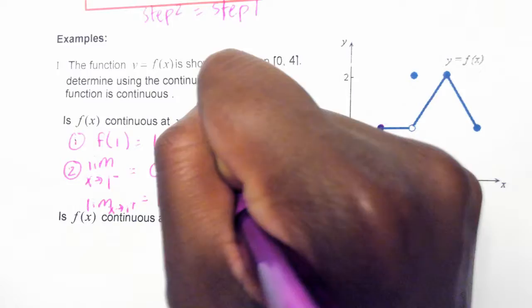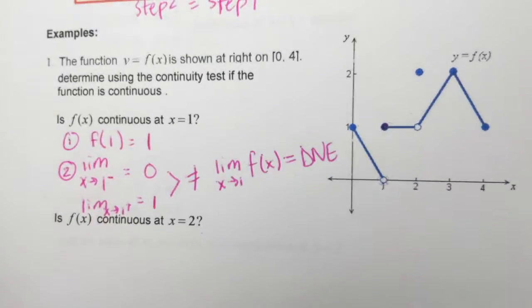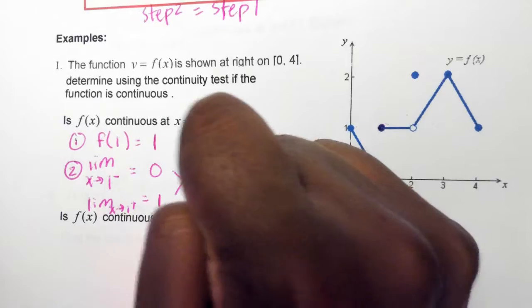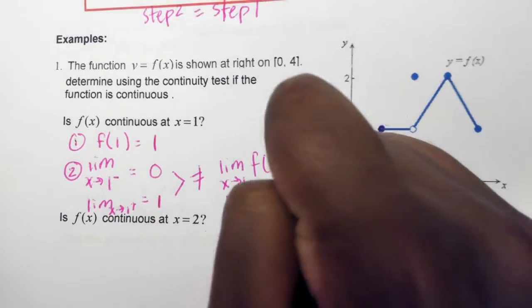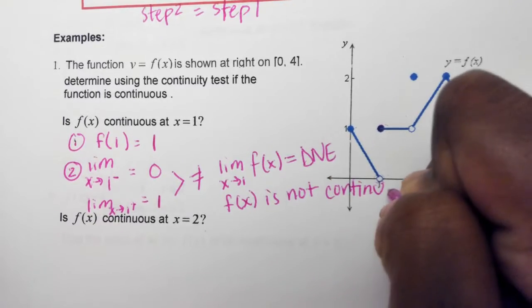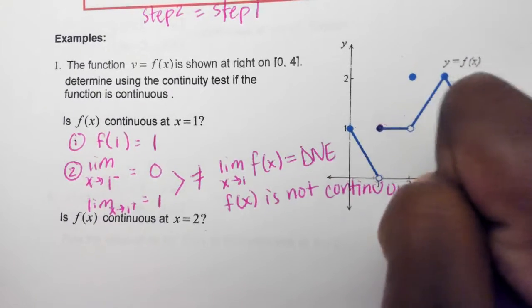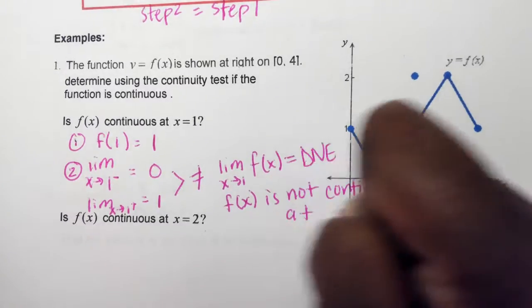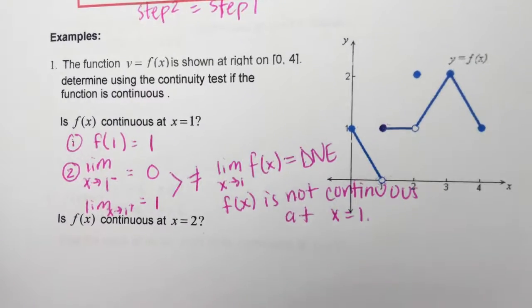These do not equal each other, so our limit as x approaches 1 of f of x does not exist. Therefore, f of x is not continuous at x equaling 1.